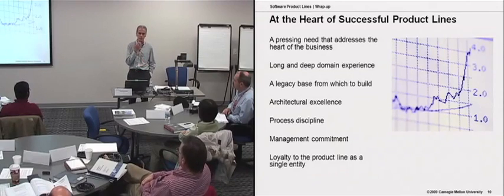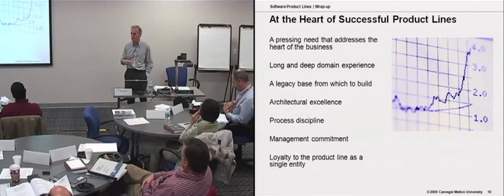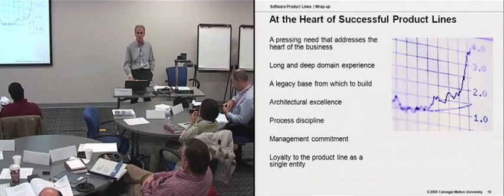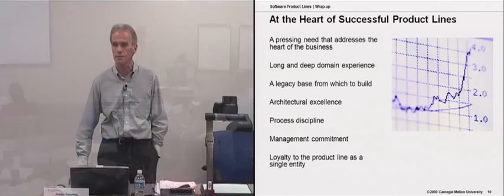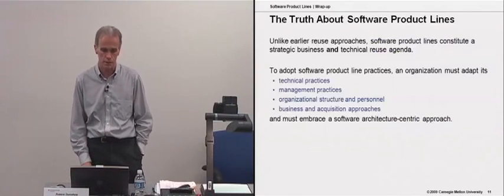That is probably the hardest thing that organizations new to software product lines find: maintaining the long-term vision of the product line in the face of requests like that from an existing customer base, which is why you need somebody at the right level in the organization to make this all work.